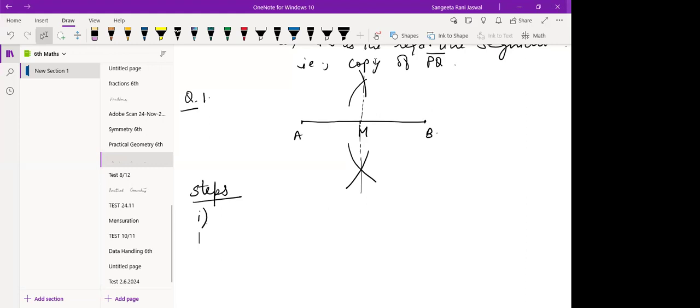Okay, after marking the point, now keep your pointer at B. Keeping compass pointer at B and measuring distance greater than MB, mark arcs above and below the line.